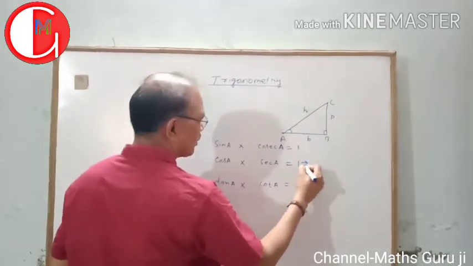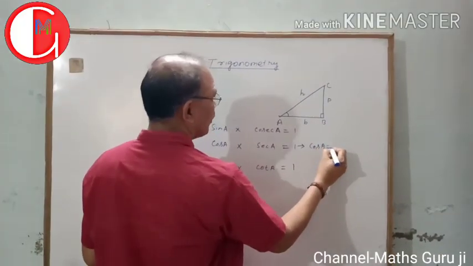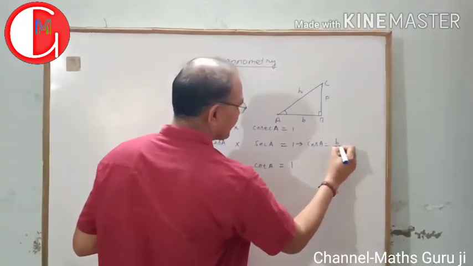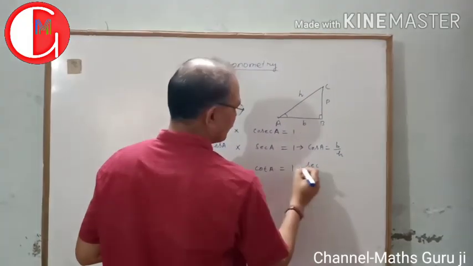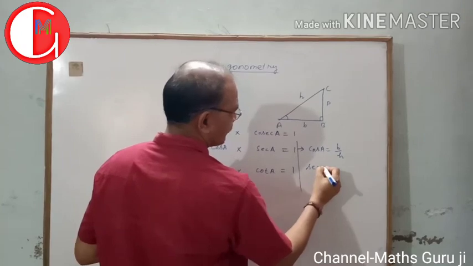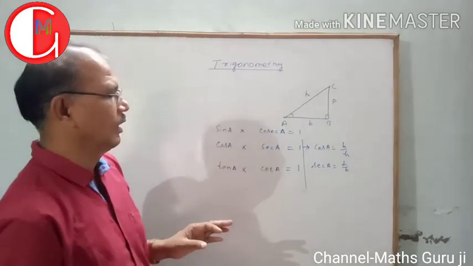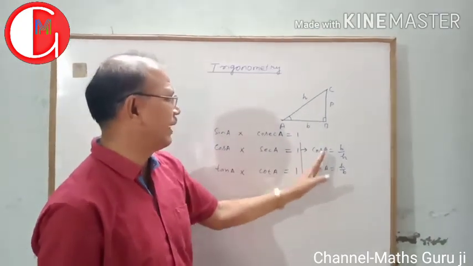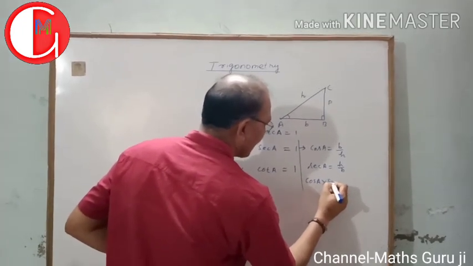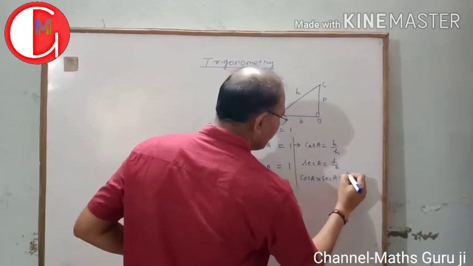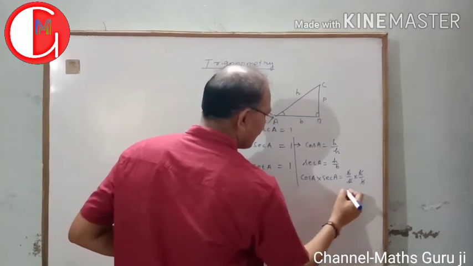Suppose in this case cos A is equal to B by H and sec A is equal to H by B. If you want to find the product of this cos A into sec A, you will get B by H into H by B. This will cancel, you will get 1.